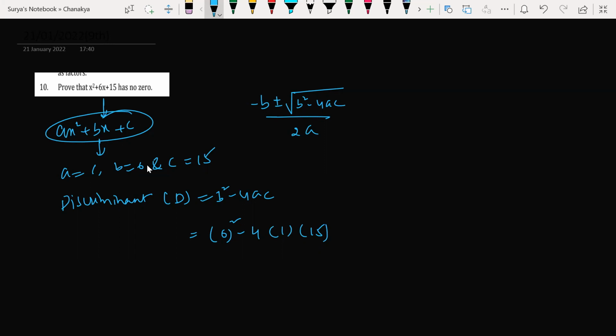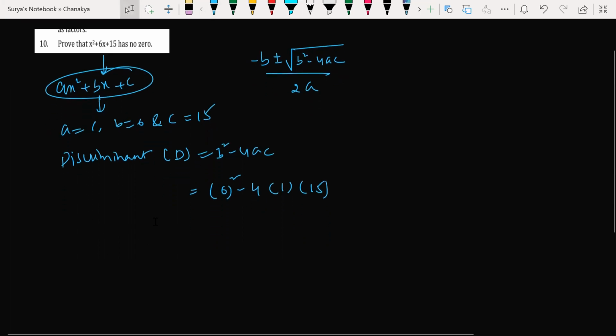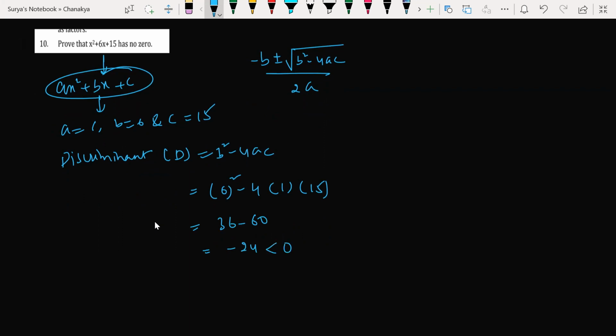So what would you get? 36 minus 60 minus 24, which is less than 0. So the discriminant is less than 0. Then what is the case here?